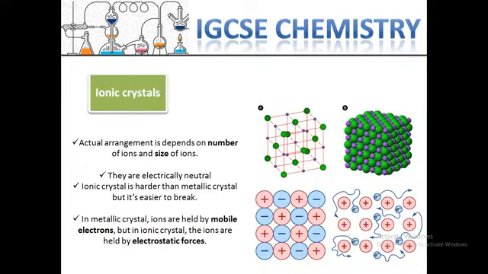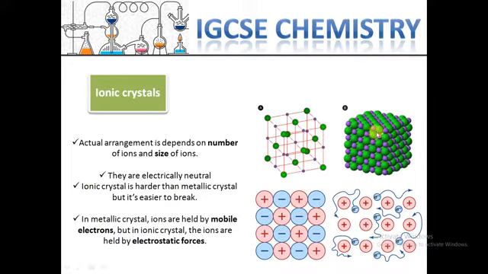The next one is ionic crystals. The actual arrangement of an ionic crystal depends on the number and the ion size. We cannot say that every kind of ion can be held to each other and make an ionic crystal.